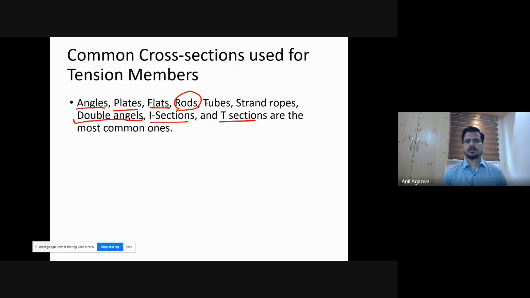Rods can be okay, but tubes we will not pay much attention to, and strands or ropes we are definitely not talking about. These are the different sections that can be used in tension, but we will be limiting our discussions to only these members that are underlined. So whatever we are discussing may not be directly applied to rods, ropes, tubes.